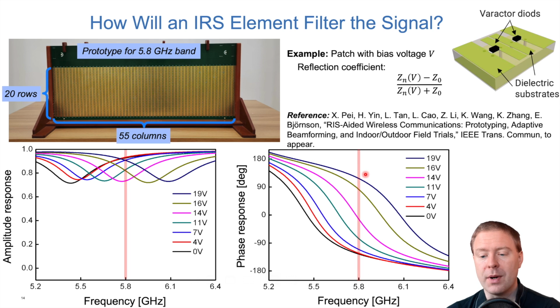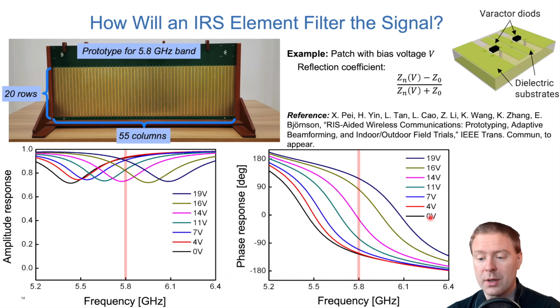The important variation is, however, the phase response, which is changing with frequency, but within the 20 MHz band, for each curve here, we have essentially a constant value. But it is different depending on what bias voltage we are using. So we might be starting here at 0 volt with, I don't know, minus 110 degrees.